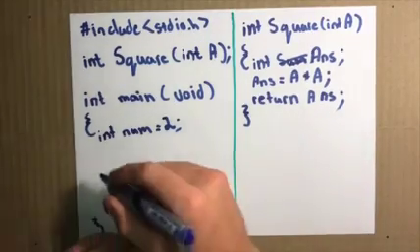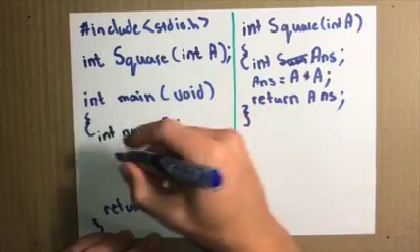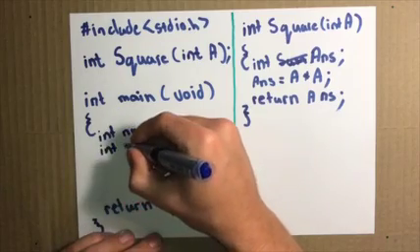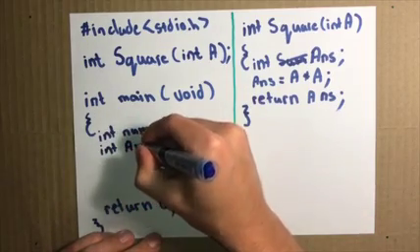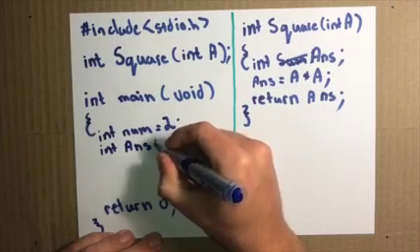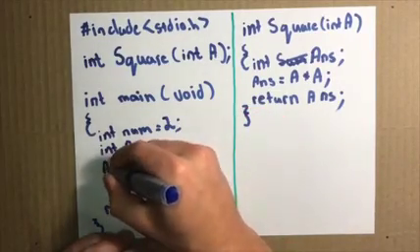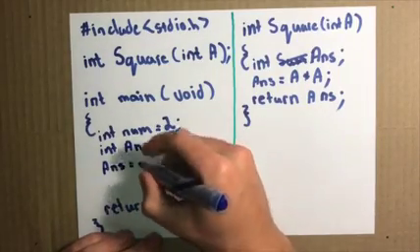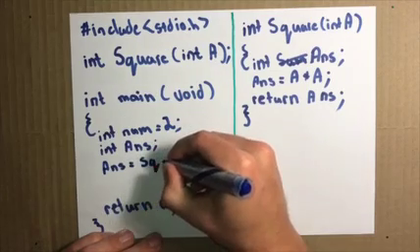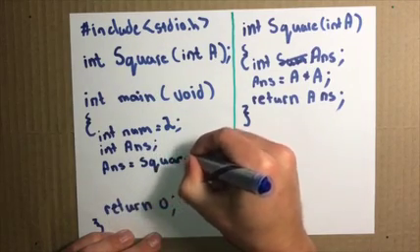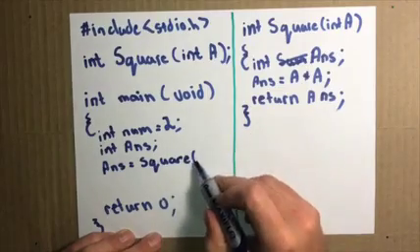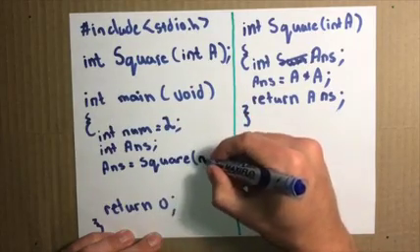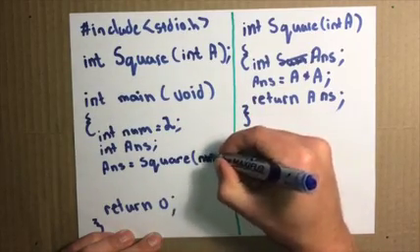All that we need to do is create another variable and call it answer, and answer is equal to the function, and we call that function square, and what we send to that function is the value of num.